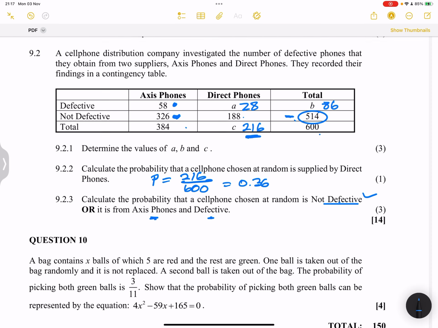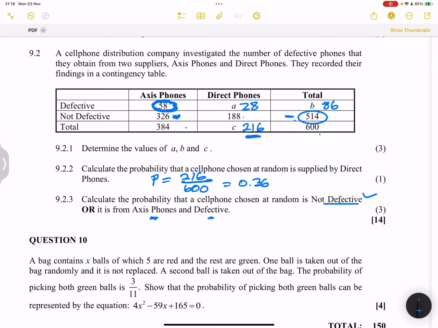Where's axis and defective? That's the 58 over there. So in this case, that are not defective or from axis and defective.